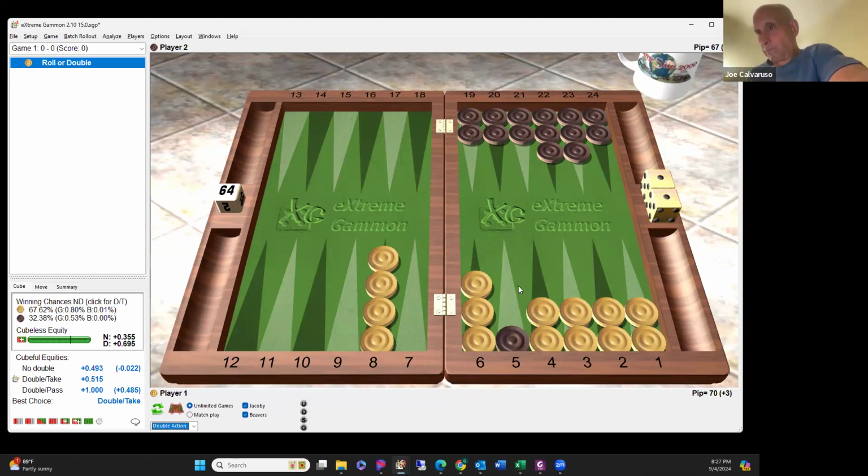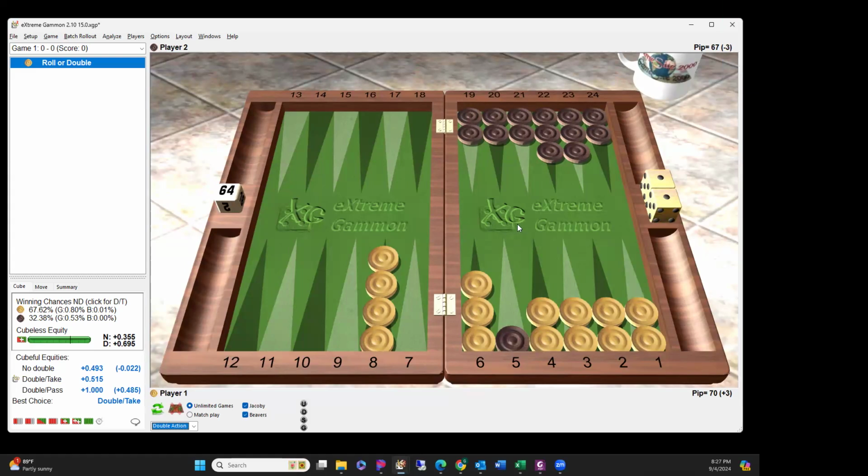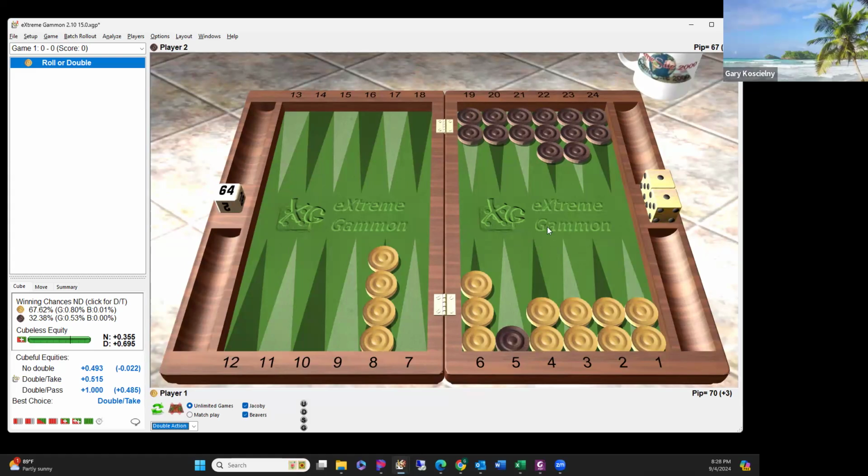Are you familiar with the Keith count? I know nothing about it. Okay. The Keith count gives you the pips, and then you're penalized for certain things: excess, more than 1 checker on the ace point, more than 1 on the deuce point, more than 3 on the 3-point, and any open 4, 5, or 6.